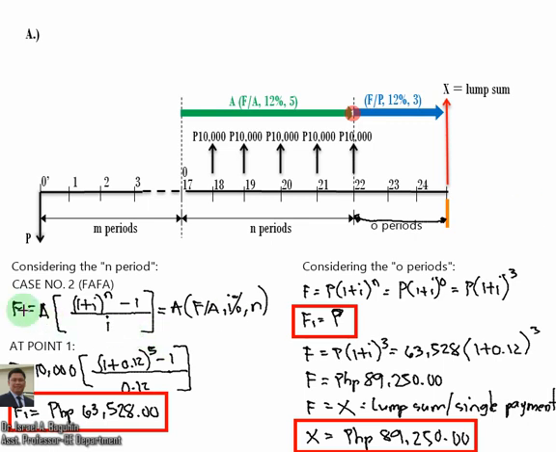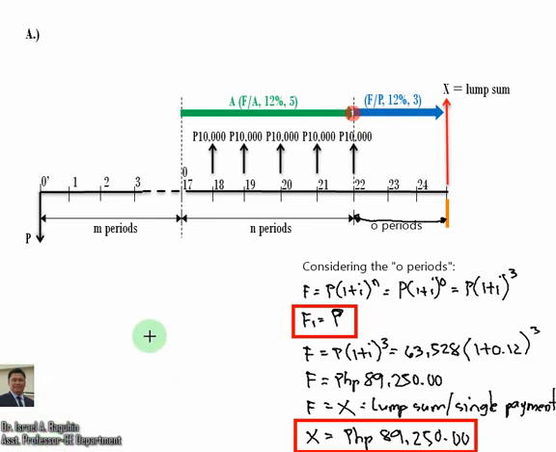So now if we are going to consider the formula we have just discussed from our previous slide, actually we have this formula from the very first slide. P is just equal to annuity times (1 plus i) raised to the n minus 1 all over (1 plus i) raised to the n times i, times the quantity (1 plus i) raised to the negative m.